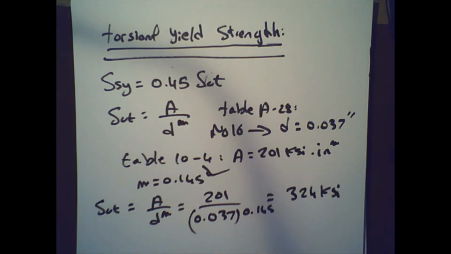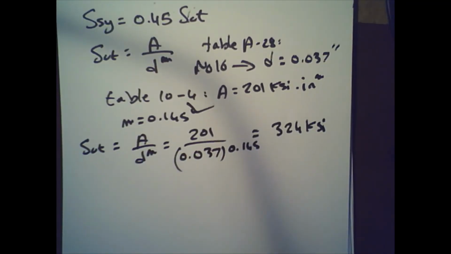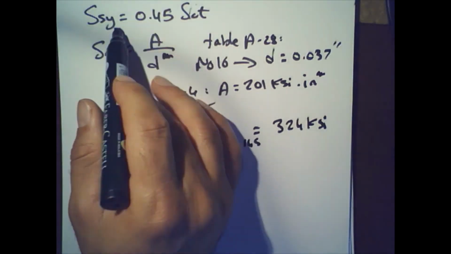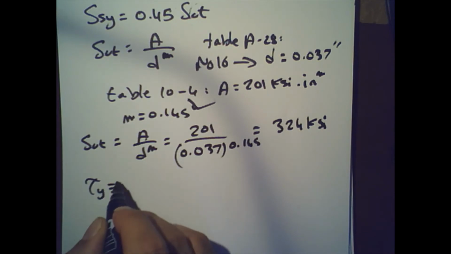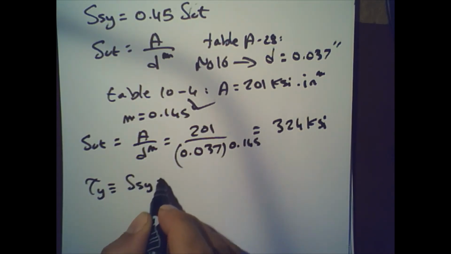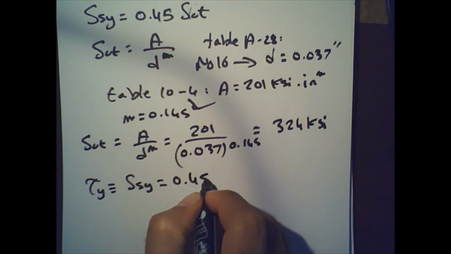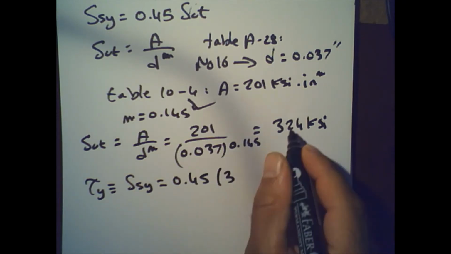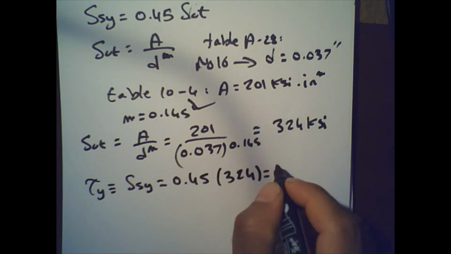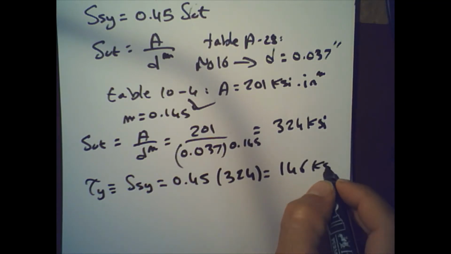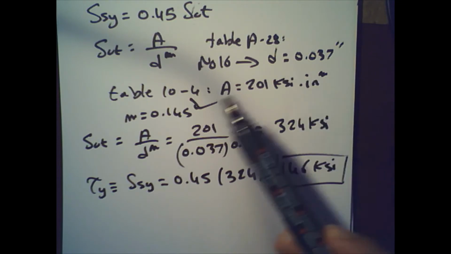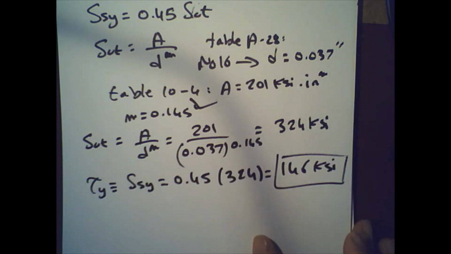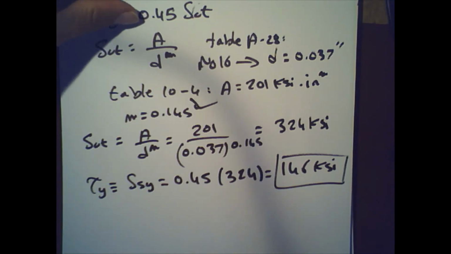So now we just calculated the ultimate strength, and to calculate the torsional yield strength, SSY or tau y, which is again SSY, it will be equal to 0.45 times SUT, 324, and that is equal to 146 ksi. Okay, so when you have a spring based on the wire values, you can directly get the yield stress of the wire.